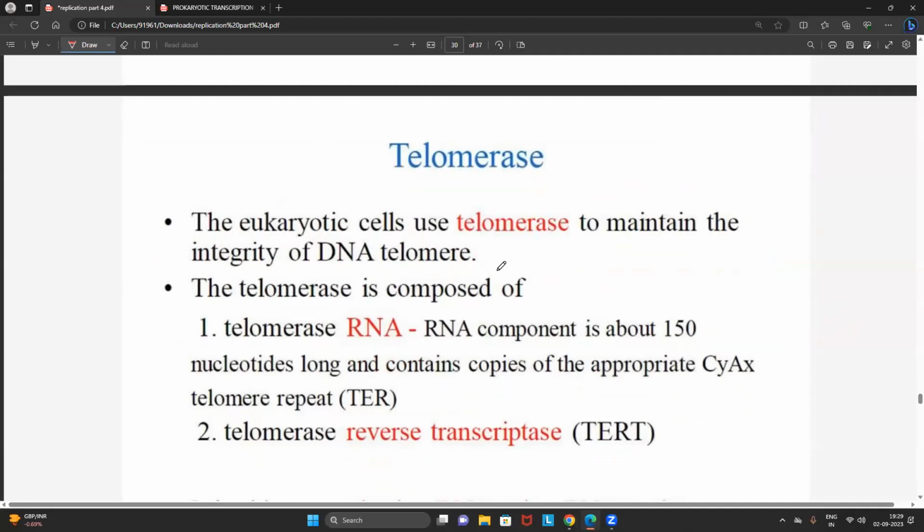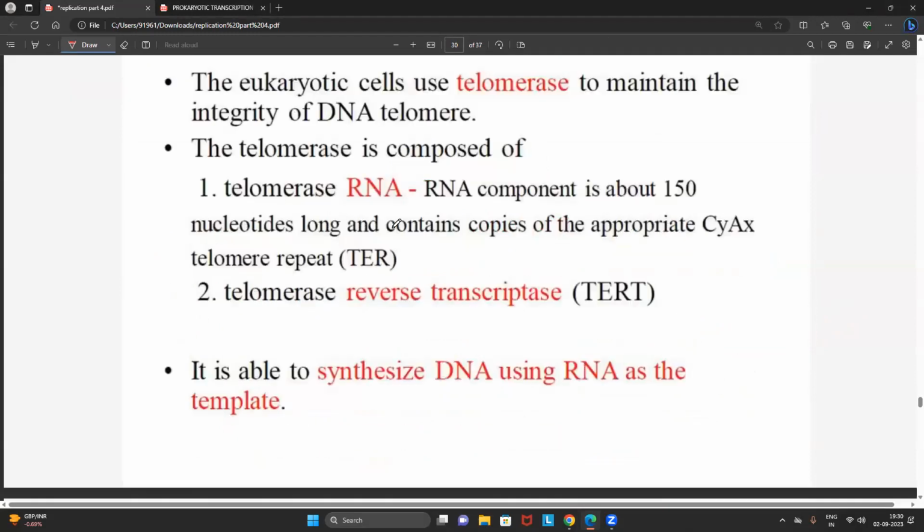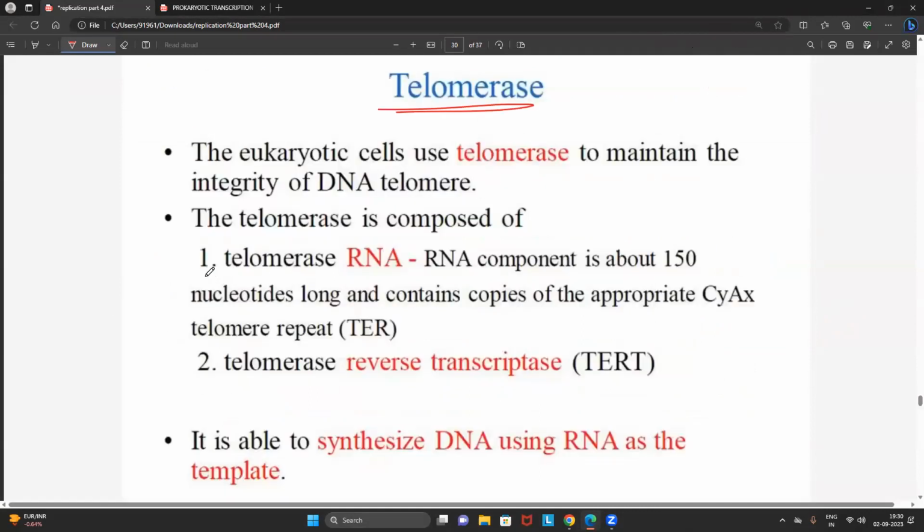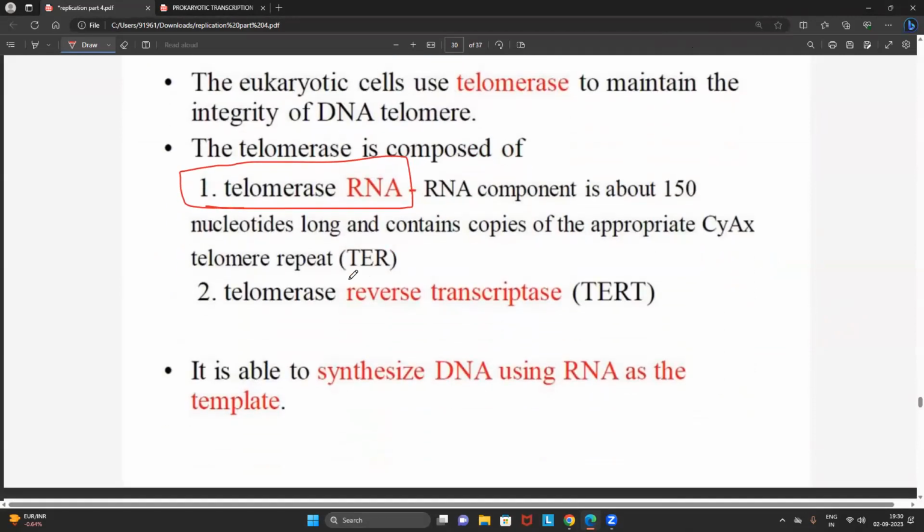Now, what is the telomerase enzyme? Remember, everyone, listen to me correctly. Telomerase is the enzyme made up of two things. Telomerase is made up of telomerase RNA and another very important enzyme, the reverse transcriptase enzyme.